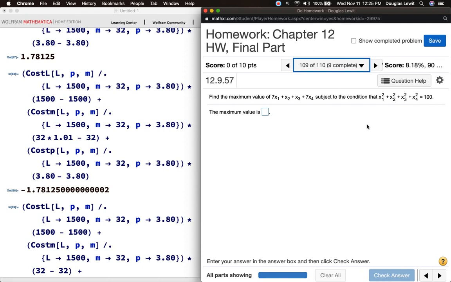Now, I'm going to assume, perhaps a silly assumption, that they are looking for integer answers.